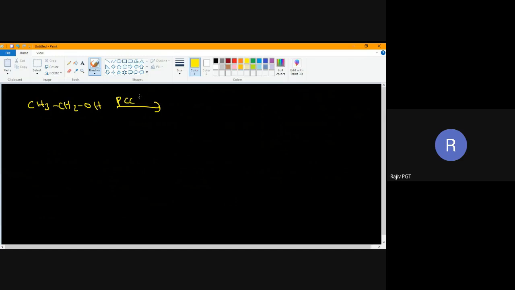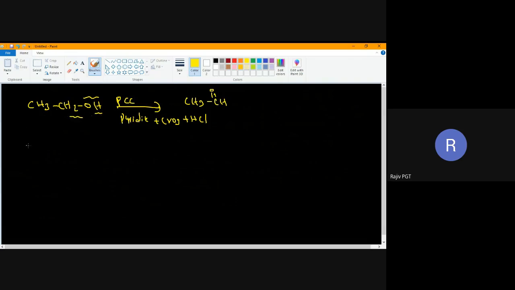It is a combination of pyridine plus CrO3 plus HCl. What will happen? This will oxidize the alcohol into aldehyde, C double bond O, removing one hydrogen from here.